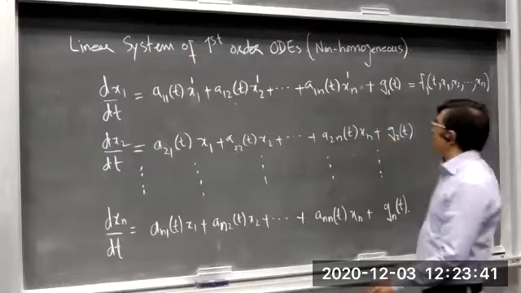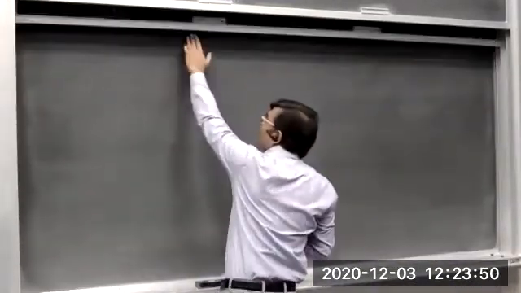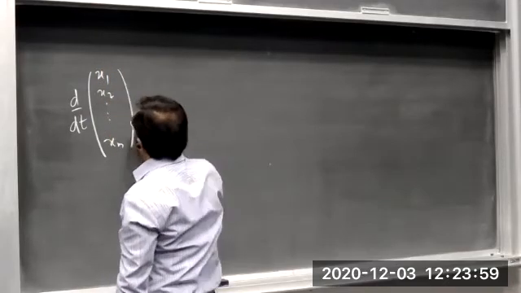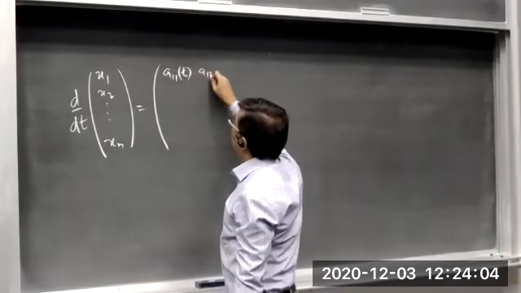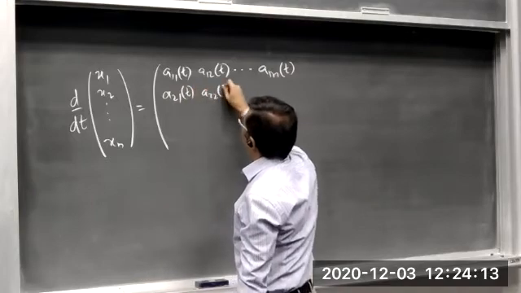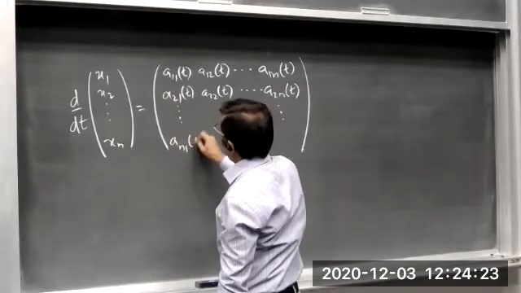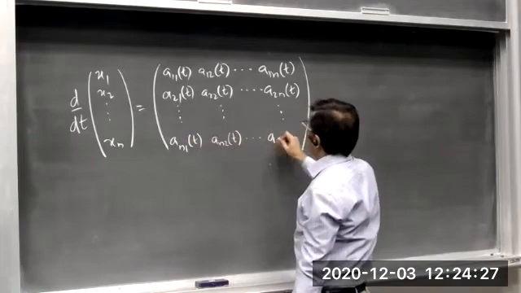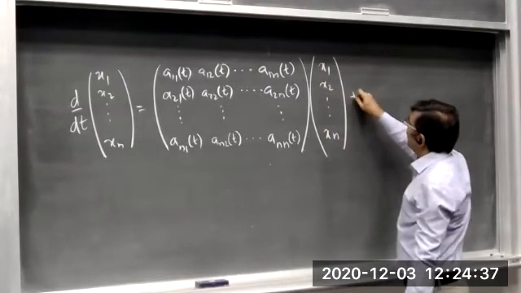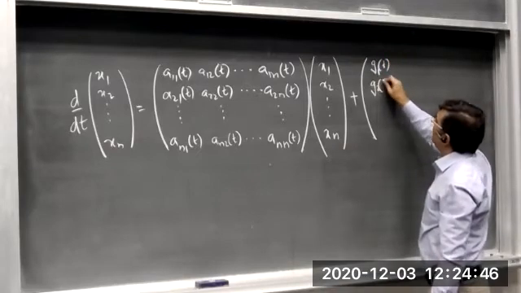Now we can write this system, if we call this a G vector, into a matrix form by writing d by dt of x1, x2, so on, xn is equal to a matrix a11 of t, a12 of t, so on, a1n of t, and here a21 of t, a22 of t, so on, a2n of t, and so on, an1 of t, an2 of t, so on, and the last one is ann of t, times x1 of t, x2 of t, so on, xn of t, plus a vector which doesn't involve the dependent variables, which we call g1 of t, g2 of t.